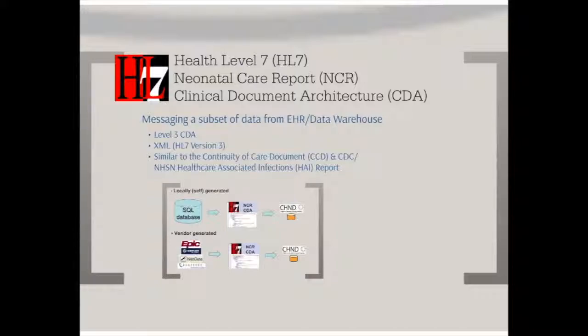A similar example for reporting is that there's a CDA for all of the healthcare-associated infections. So if you have a lab-confirmed bloodstream infection, ventilator-associated pneumonia, or catheter-associated UTI, there's a way to model that so that it could be reported within CDA, and you can use that to report to the CDC or to other agencies as well.